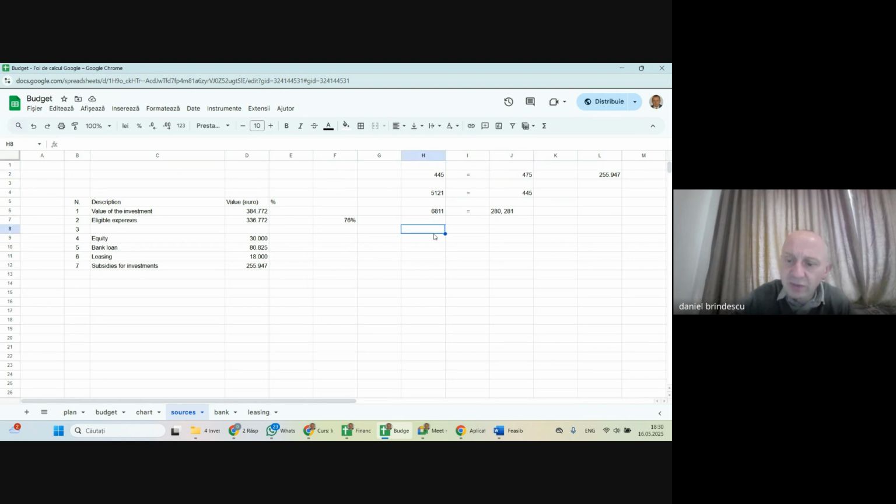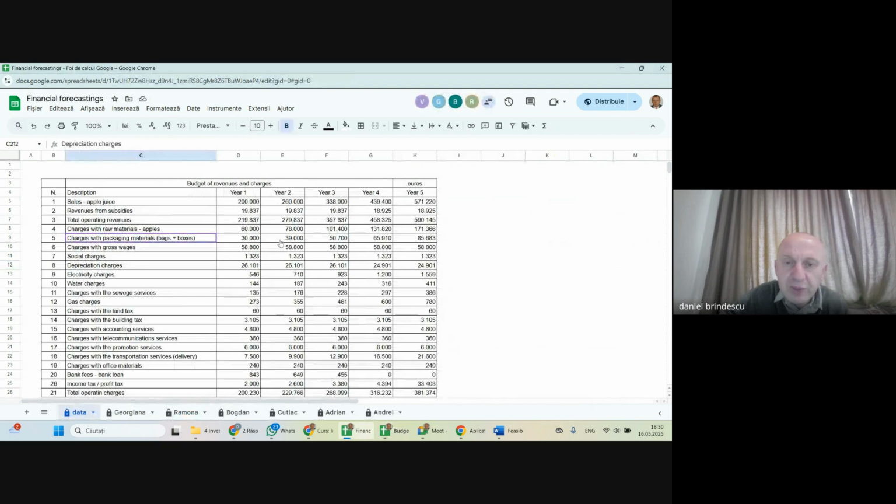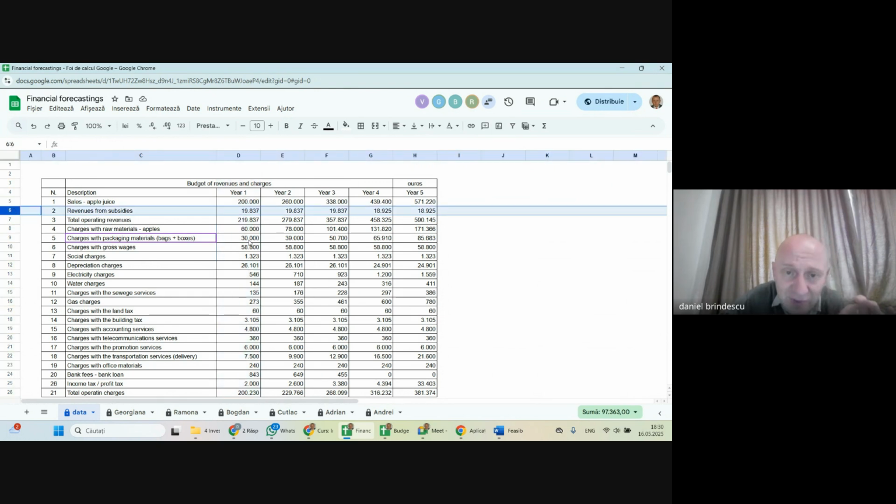So I believe it's 475 to 7854, I believe. So we are doing this month after month, year after year, throughout the operating period. And we've estimated in this manner the revenues from the subsidies.